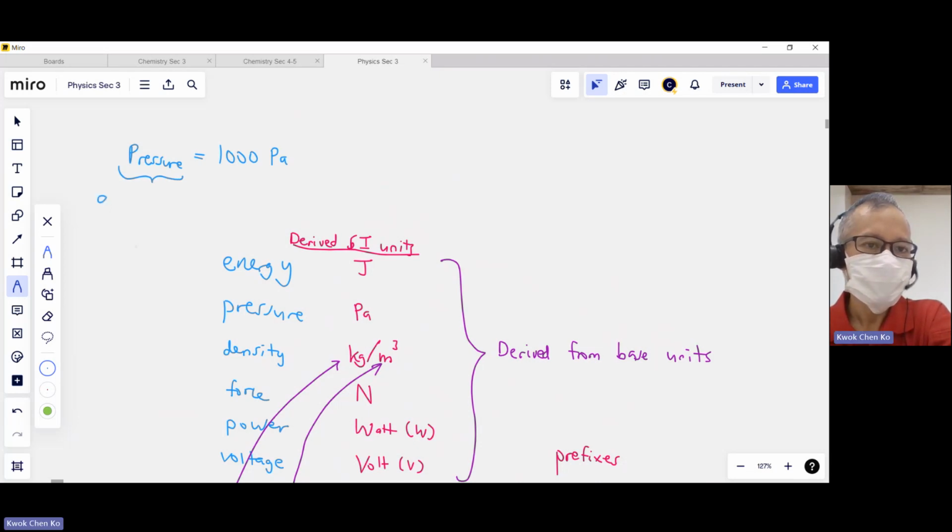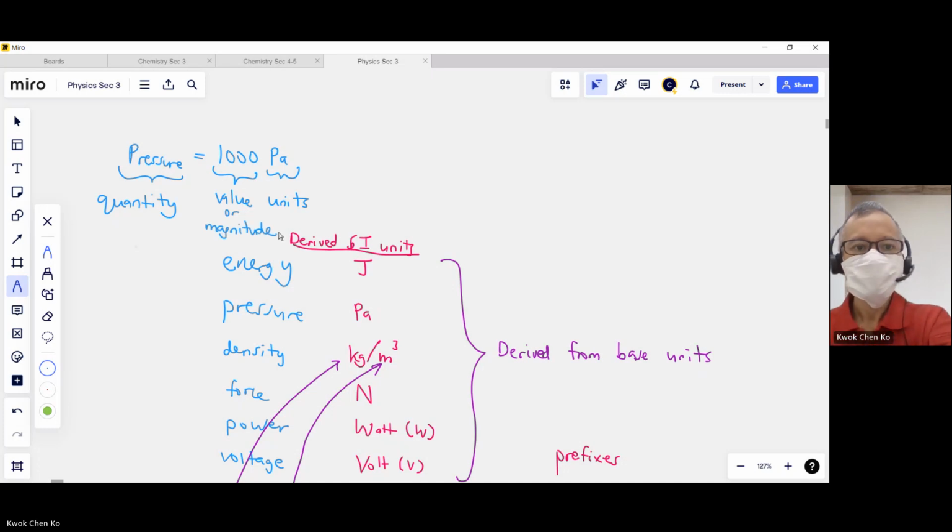This is what we call the quantity. This would be the unit, or could be units. And this is the magnitude or the value. Okay, so just keep this concept in mind for whatever quantity you're looking at.